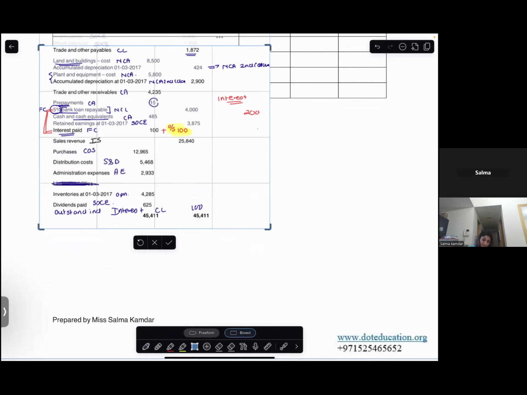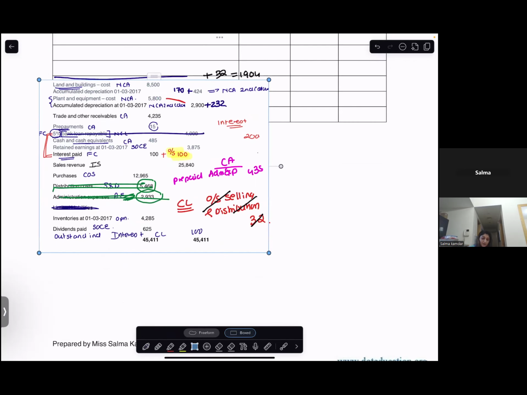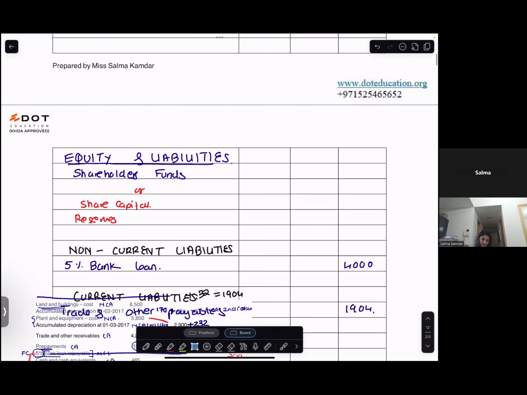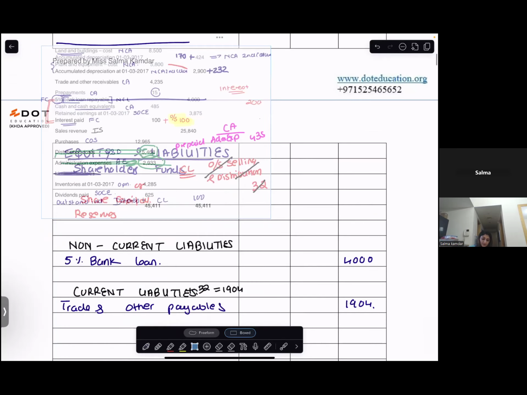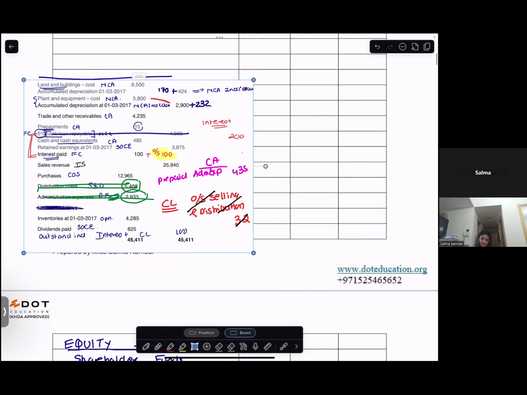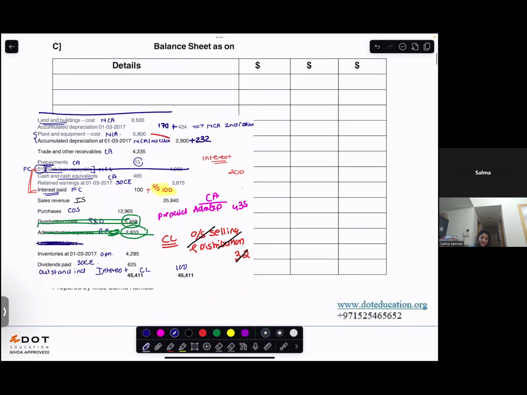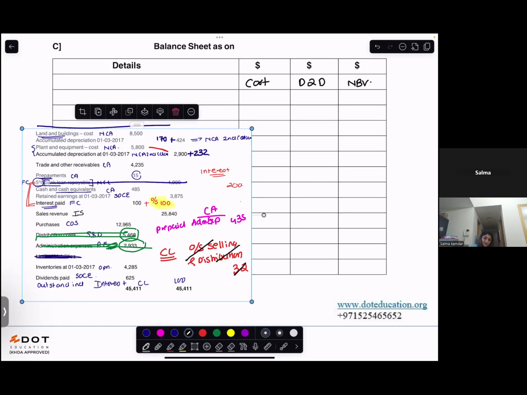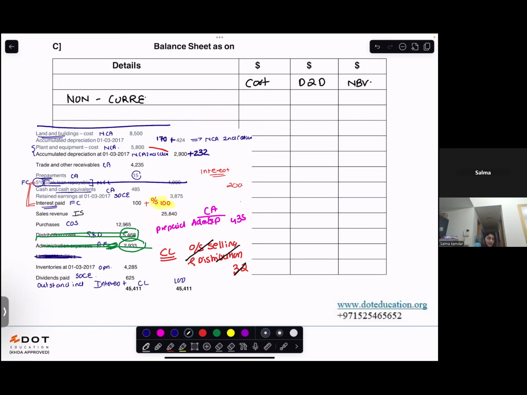Now what do I have? I have the non-current assets. I will take my thing to the non-current assets section. What will I write? Costs, depreciation to date, or I can write provision for depreciation. And I write the net book value. I write my non-current assets.